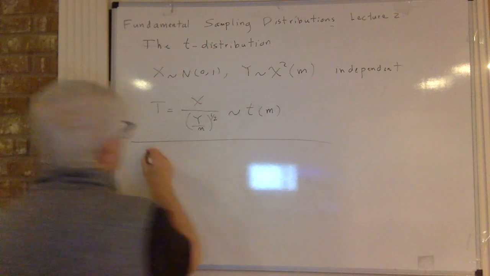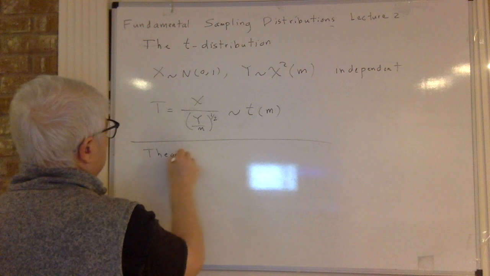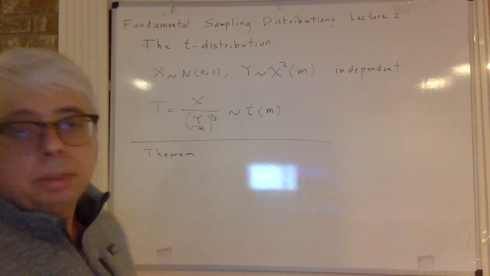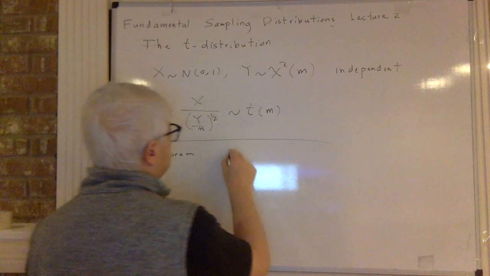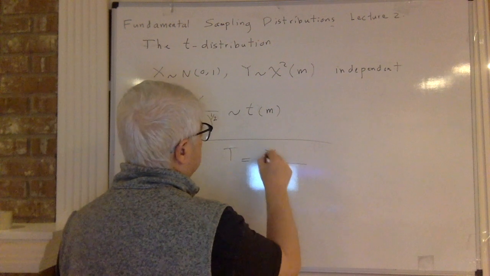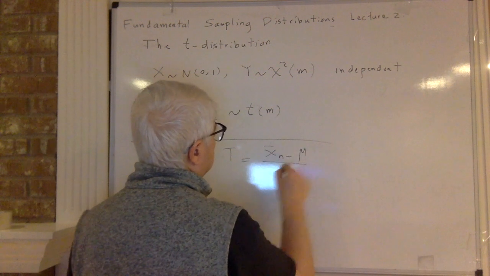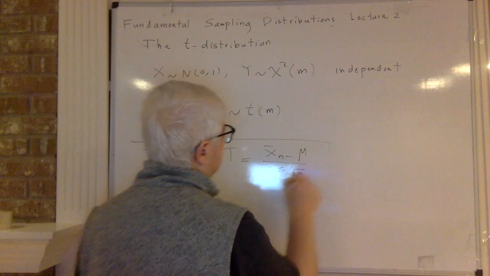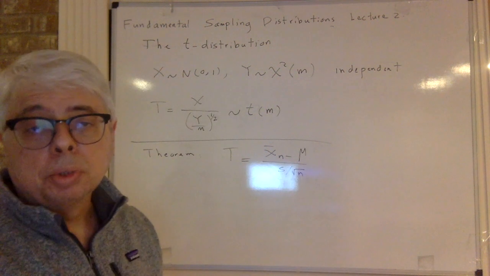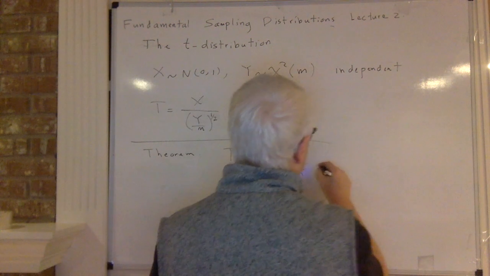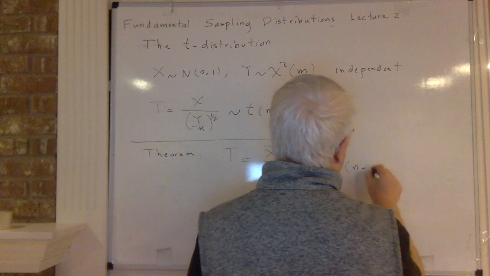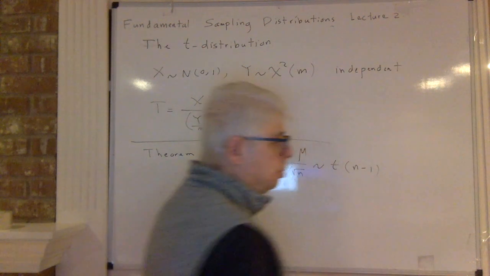So that's the theorem, and this has a T distribution. It is t n minus 1.